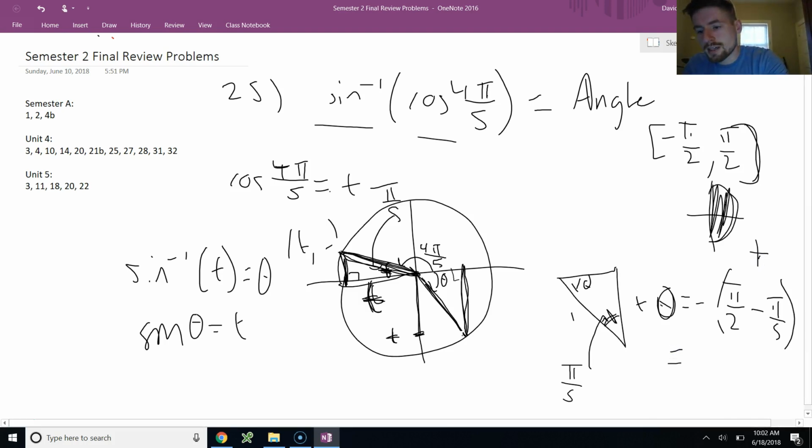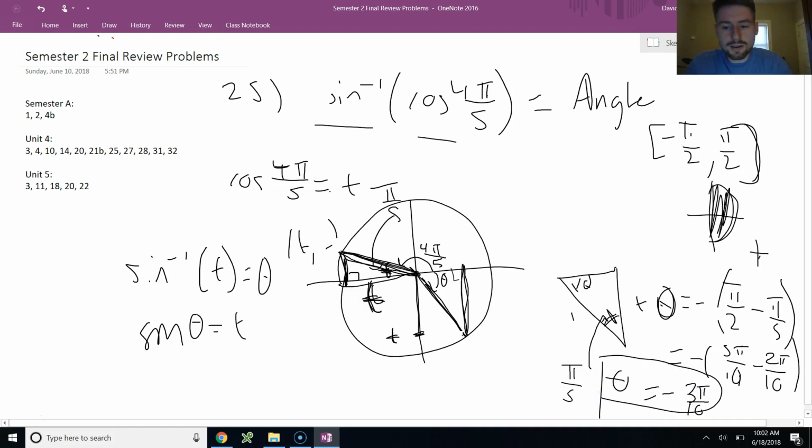To simplify, to get a common denominator, I need tenths: 5 pi over 10 minus 2 pi over 10, and negative of that. Ultimately, that's going to get me negative 3 pi over 10. So that's what theta is.